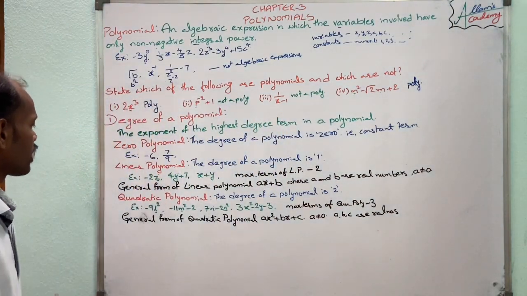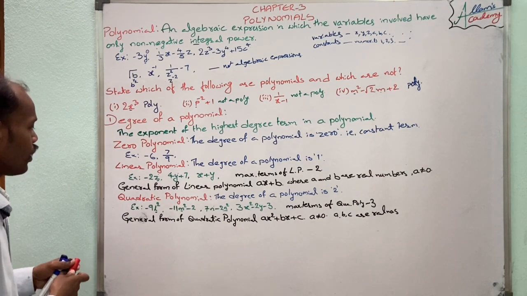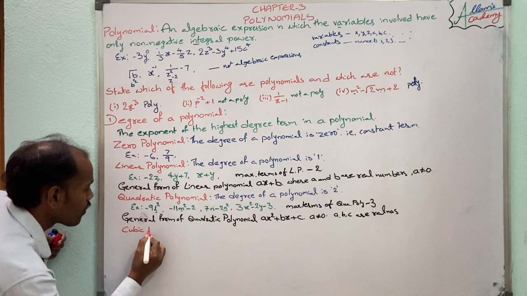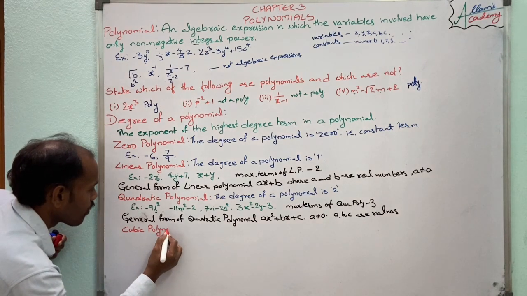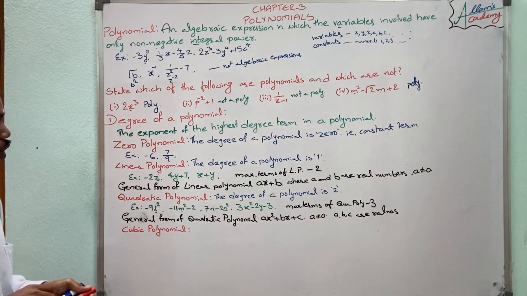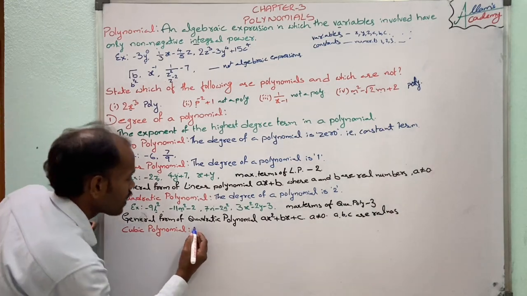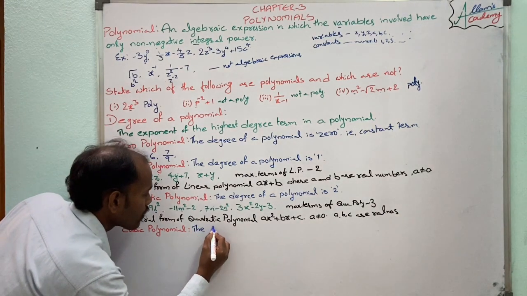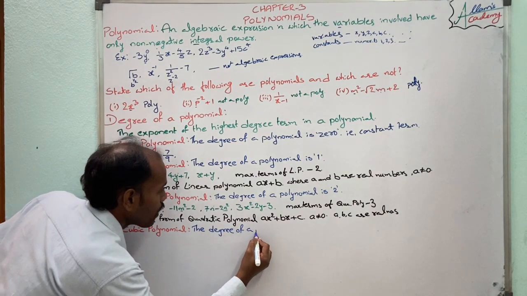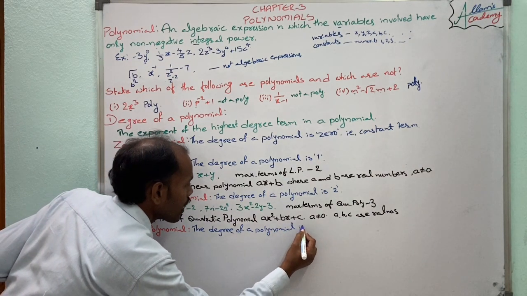Next we see the polynomial with degree 3, that is called a cubic polynomial. So a cubic polynomial means the degree of the polynomial is 3. If the degree of a polynomial is 3, then it is called a cubic polynomial.